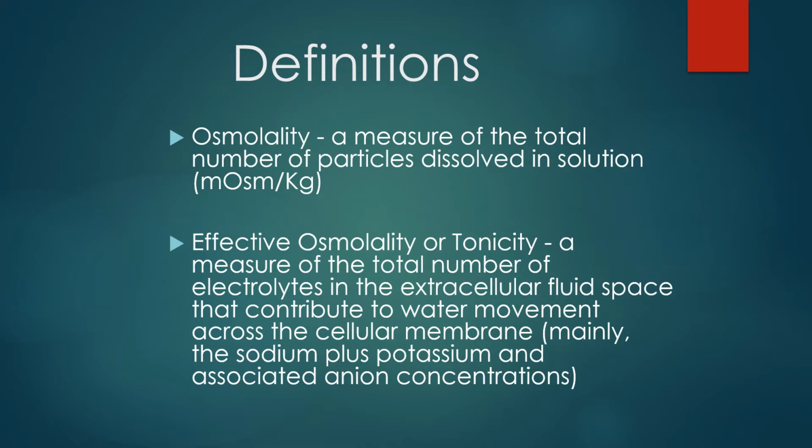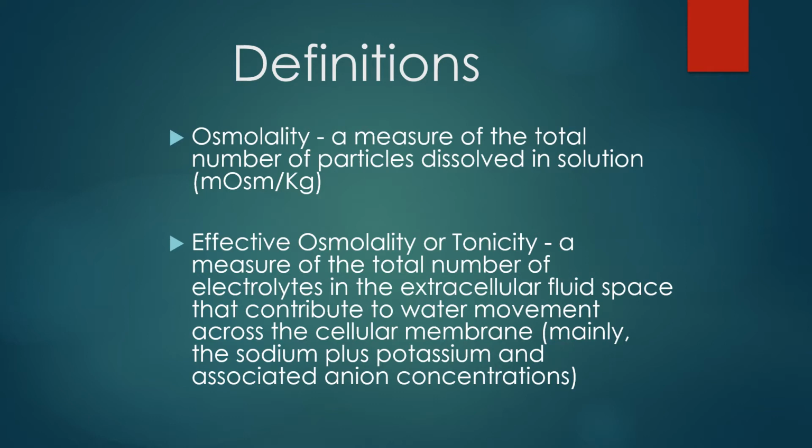The effective osmolality, or tonicity, of the extracellular fluid space refers to the total number of electrolytes in solution that contribute to water movement across the cellular membrane, which is mainly the sodium plus potassium and associated anion concentrations in the plasma. The sodium and potassium concentration gradient across the cellular membrane is maintained by sodium-potassium ATPases, and this gradient is what restricts sodium, along with chloride, to the extracellular fluid space and maintains the extracellular fluid volume.